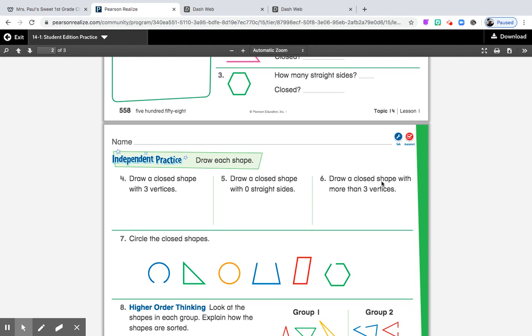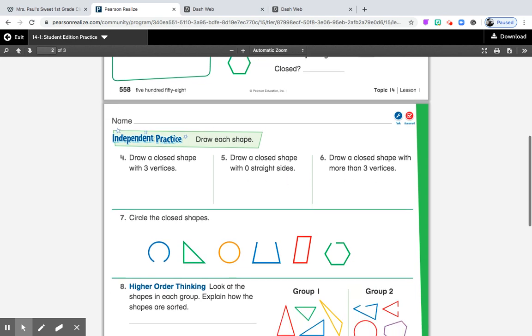Draw a closed shape with more than 3 vertices. Remember vertices, or the corners where they meet? So anything like a rectangle, a square, trapezoid, hexagon, all of those shapes have more than 3 vertices.